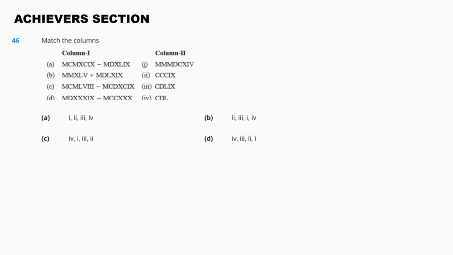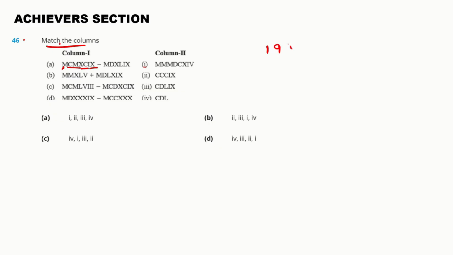So that was our first section. Moving on to the last section and the last 5 questions of the paper, achievers section. You have to match the columns. The first one, the Roman numeral is 1999.